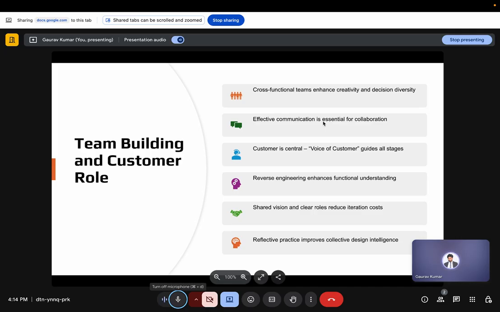A culture of reflection and respect strengthens the collective intelligence. When teams debate the criteria, document rationale, and revisit the assumptions, they reduce iteration cost and improve the design integrity.